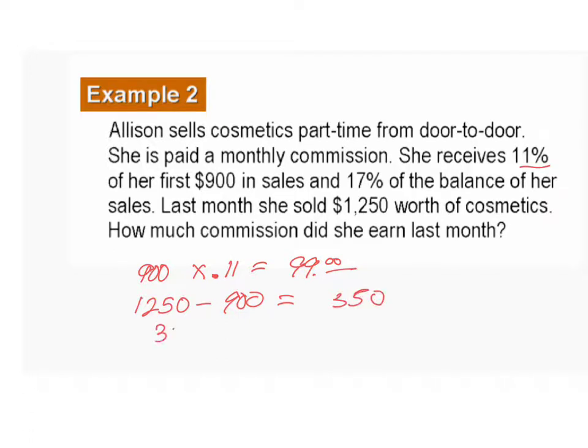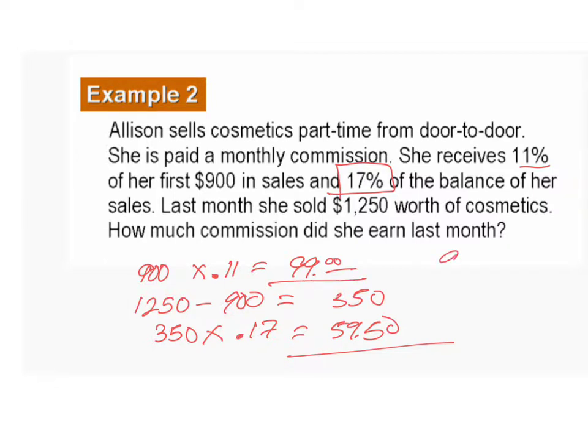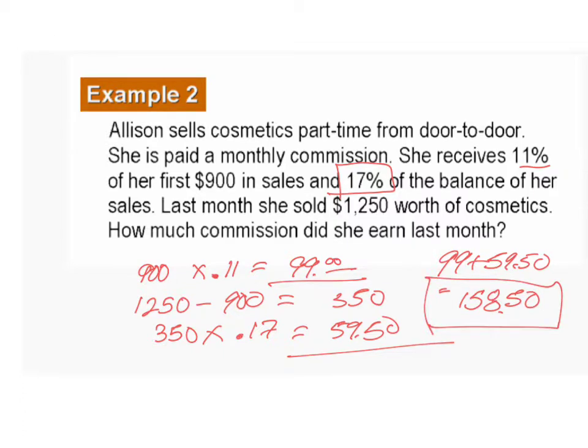So 350 times 17% as a decimal equals $59.50. And you add them together, 99 and 59.50, and you get $158.50. That's what Allison made last month in commissions.